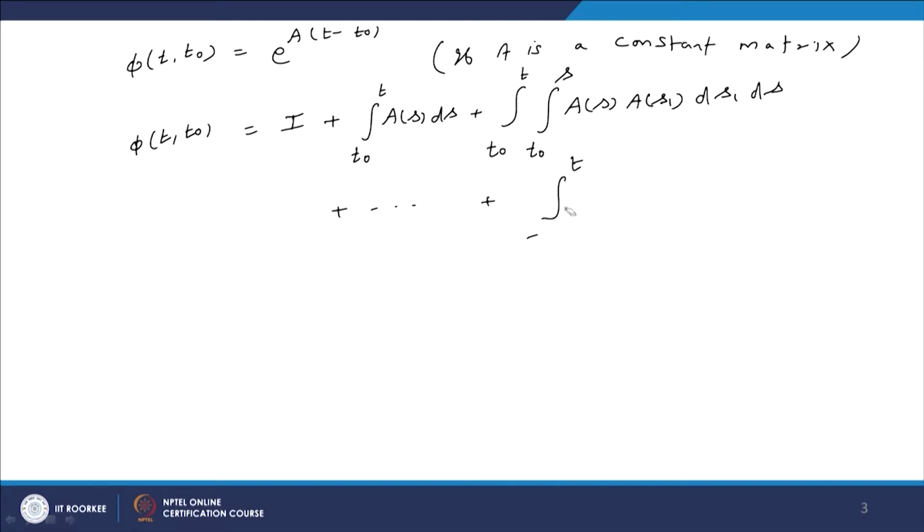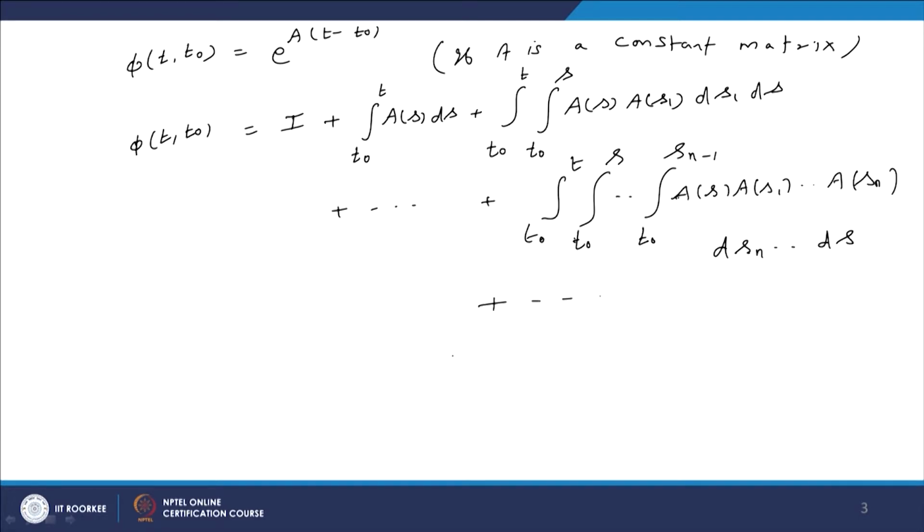So, we will have the infinite series, integrals t0 to t, t0 to s, etc., t0 to s n minus 1, plus etc. This infinite series represents the state transition matrix, which is called the Peano-Baker series.